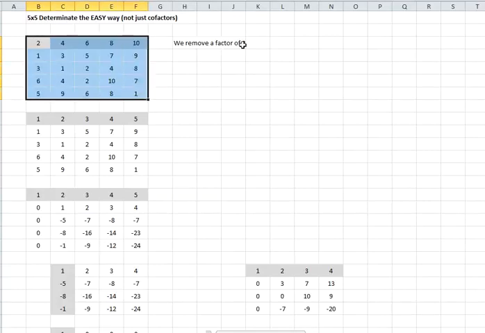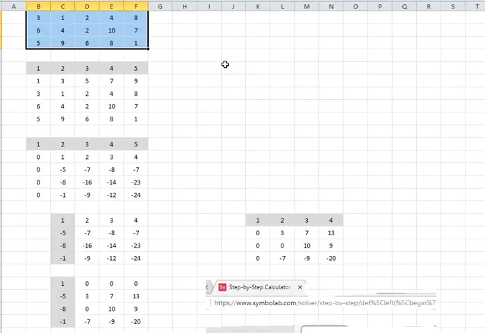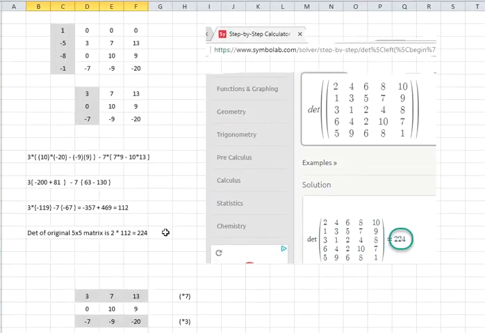We have to remember to use this factor here. So 2 times 112 is 224. If you go to the Symbolab site, it'll do the determinant for you. You enter that original 5 by 5, and sure enough, its determinant is 224.